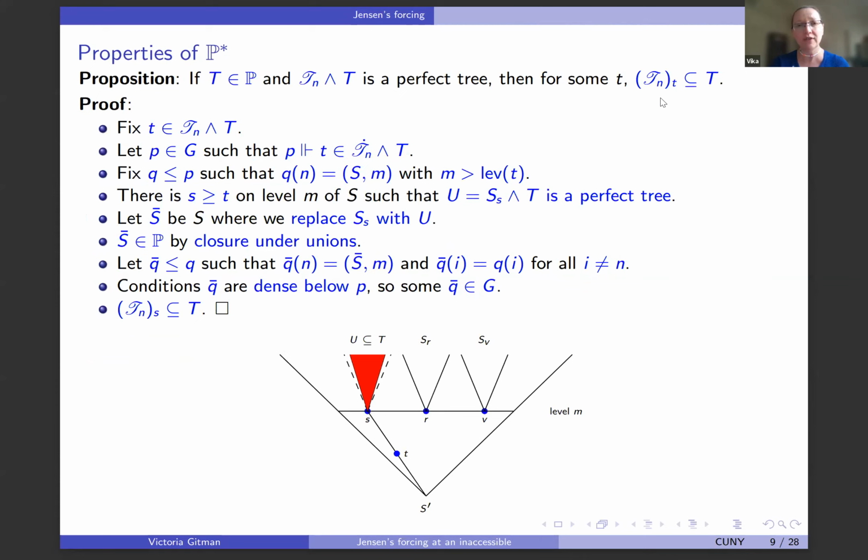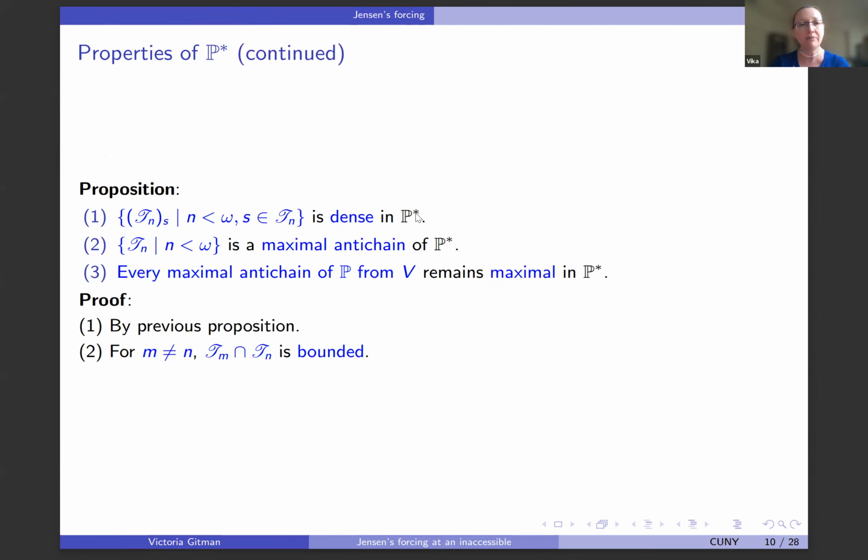So this gives density, because really our trees in P star are just unions of these, right? Because we close under unions and meets. So by this we have the density. Okay, so if I can show that this is an anti-chain, then it will be maximal by 1.